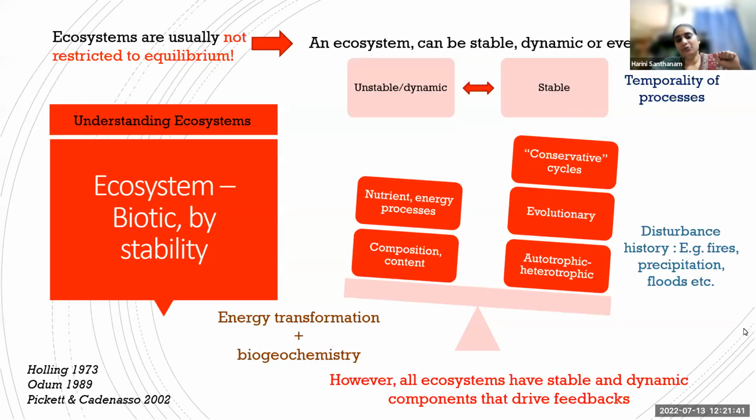So now if we move on, we have to talk a little bit more about the equilibrium characteristics of an ecosystem. Now, ecosystem stability: there are several processes which make the ecosystem stable, and there are several processes which make it unstable. Let us look at those which make it stable. When we look at stability of ecosystems, one particular aspect that we need to discuss is the conservative cycles.